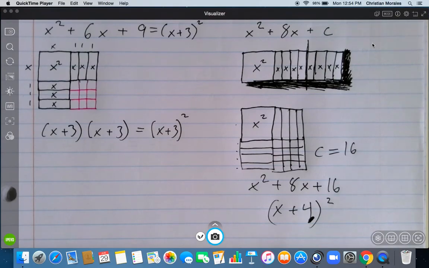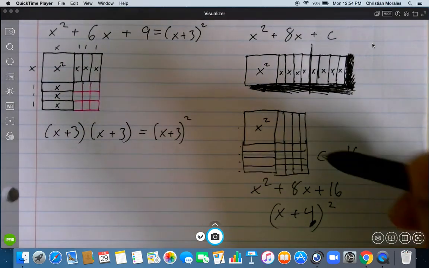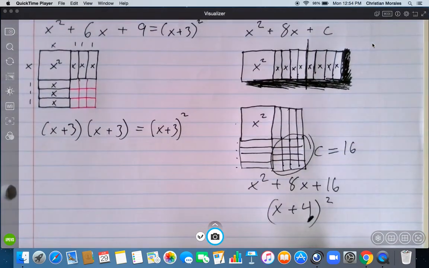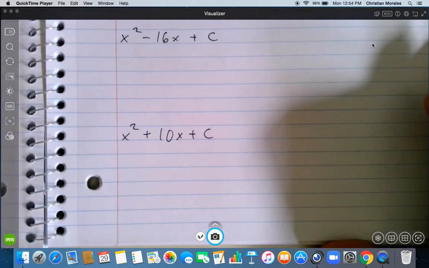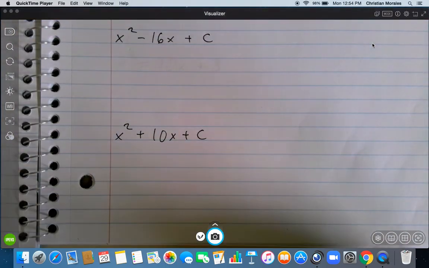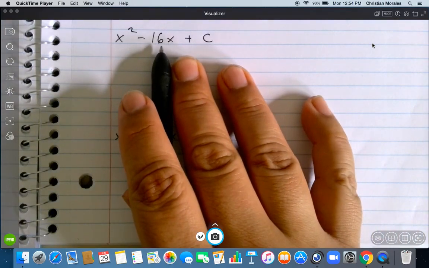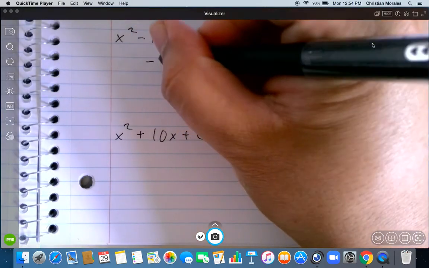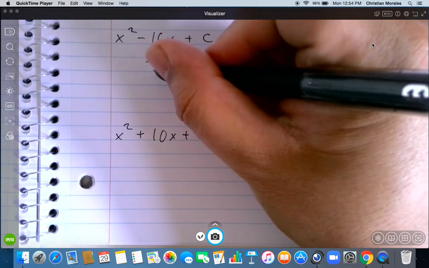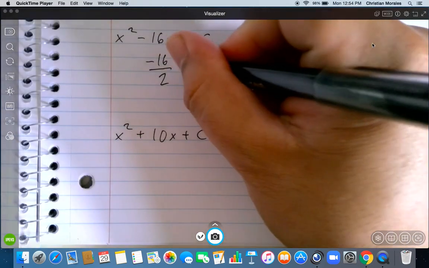So the first problems are having you figure out what value do you need down here for c. So right here, without drawing it, you still need to take the number and cut it in half. And the number I'm talking about is this one. You need to take the b term. Take the b and cut it in half, split it in half. You get negative 8.